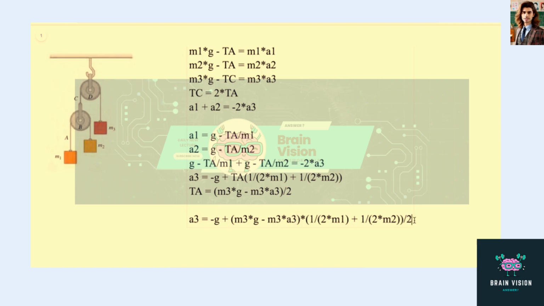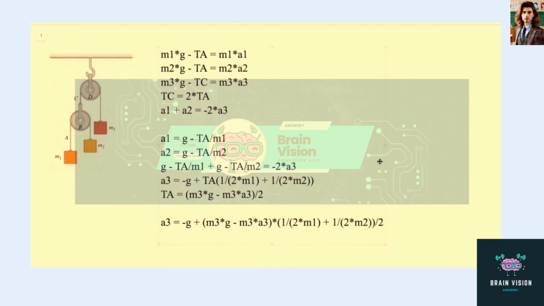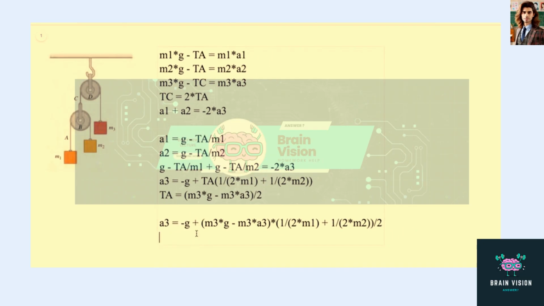I'm not going to actually go through and do all of that algebra here, but you can do it, and you'll find that A3 is going to be equal to G times, this is all the numerator here, we have 4 M1 M2 plus M2 M3 plus M1 M3.